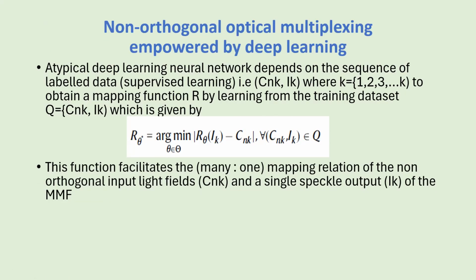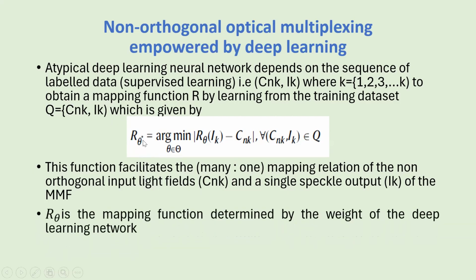So we have this function here. This function R theta is a function that really helps in the matching. It is a function that is used in the neural network. This function here helps to map the very many input non-orthogonal light fields and maps them to one orthogonal light field output.